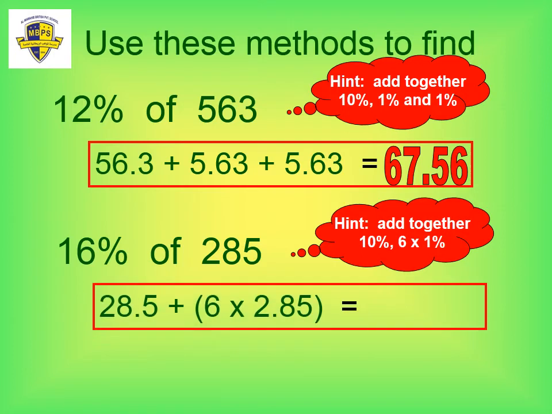So 10% equals 28.5, and 1% equals 2.85. We multiply 1% by 6. Why? Good, because here we have 6 ones, and after we multiply and add, the answer will be 46.6.